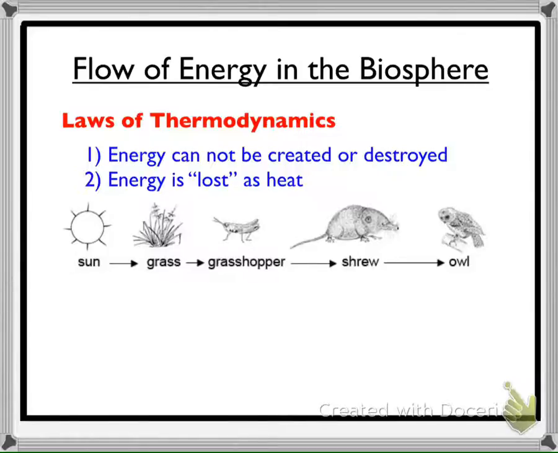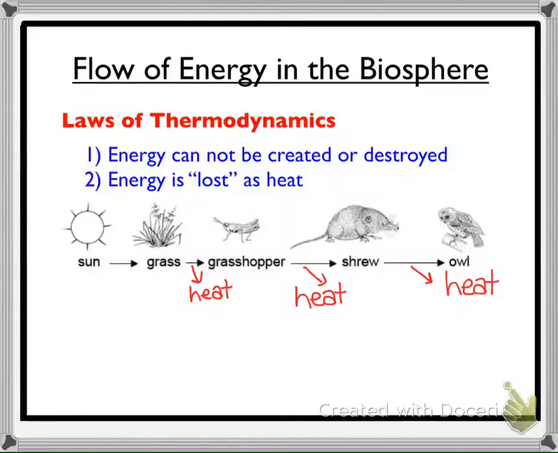So it's not destroyed, it's still there. It's just converted into a form that this food web, or this food chain, cannot use. And this is going to be true of each energy conversion. So when the shrew digests the grasshopper, some of the energy is lost as heat, and the same with the owl.